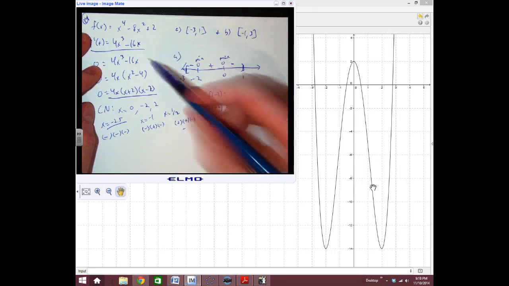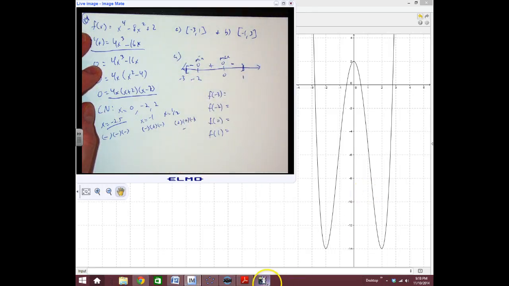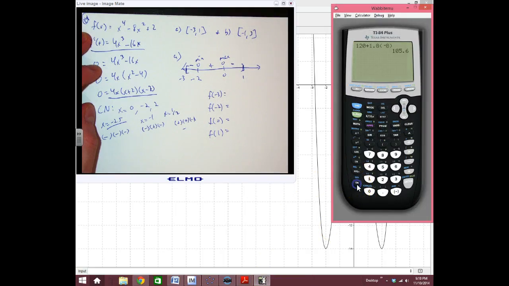So f of negative 3, just to save us some time because it's video. Again, the trick is do it quicker.